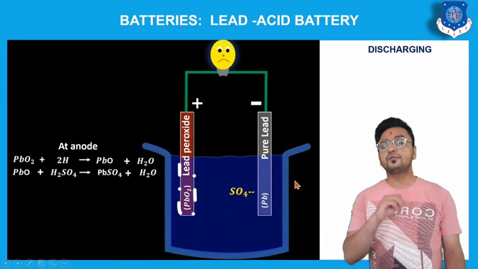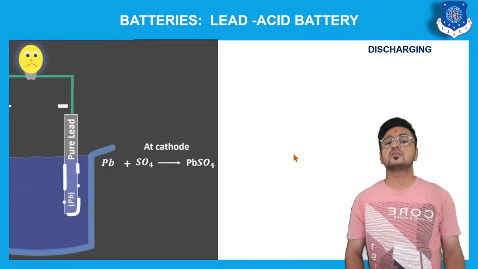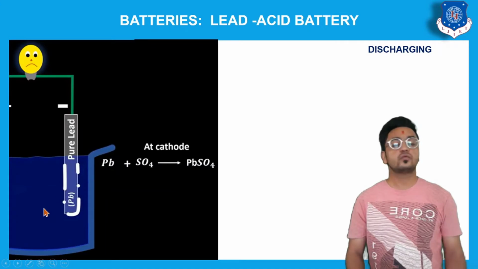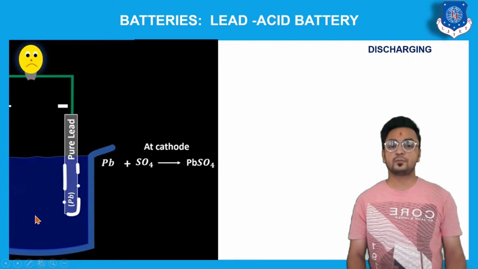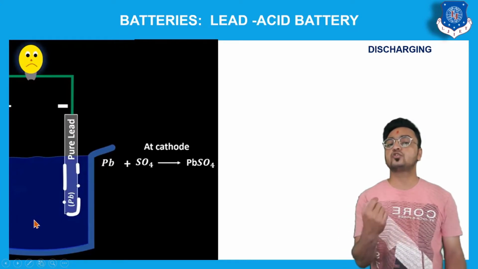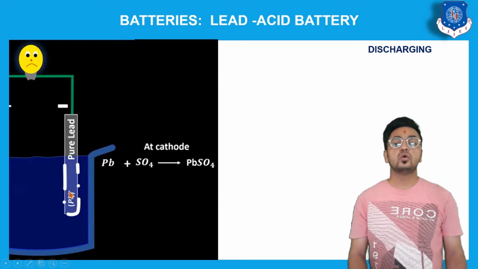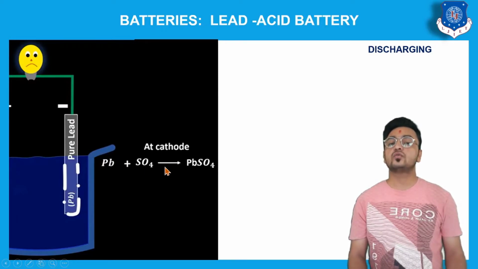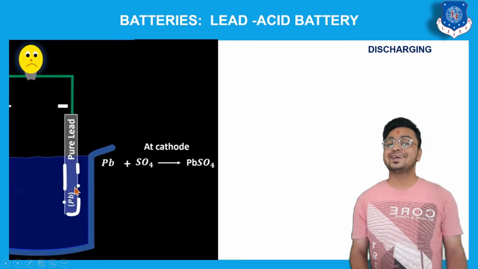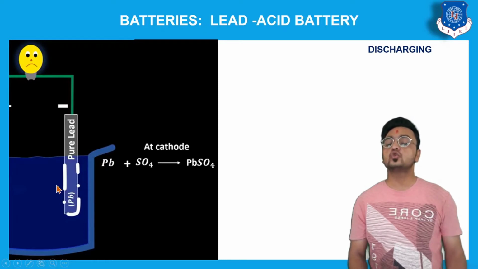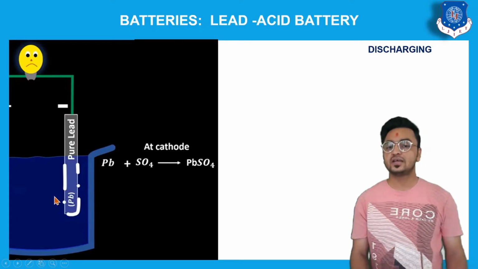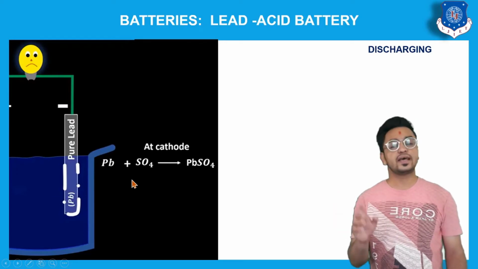Now if we observe the process at the cathode terminal, what will happen here? Here we have SO4 minus, and this SO4 minus will react with the plate. When SO4 minus comes in contact with the plate, first of all it provides its negative charge to the plate, and it forms a neutral SO4.